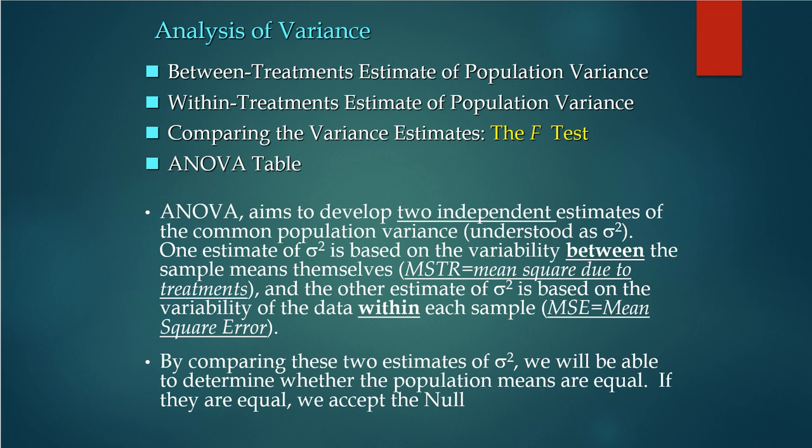One is the variance between the treatments, and the other is within the treatment. So we're going to compare the mean square due to treatments and the mean square due to error. One is between, which is our mean square treatments, and one is within.